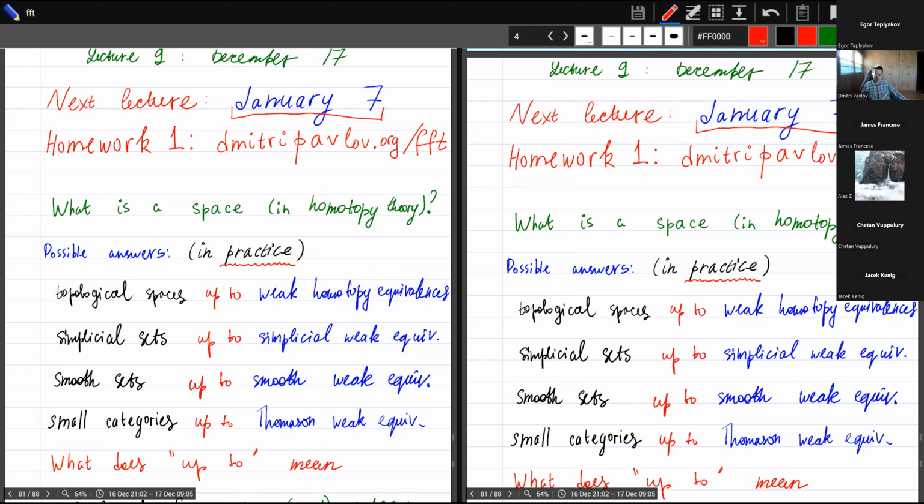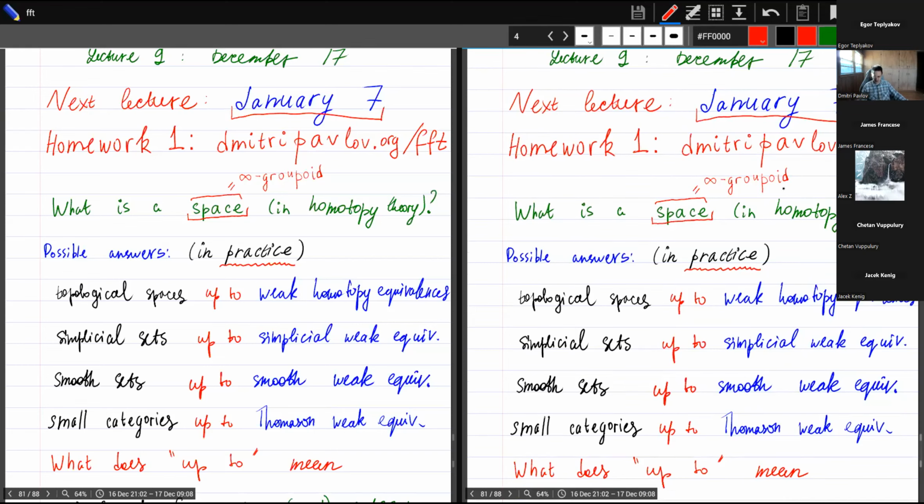And so probably the first question we should answer is what exactly is a space in homotopy theory? Another terminology for space is infinity groupoid. These days, the two terms are used mostly synonymously, but it wasn't always that way.